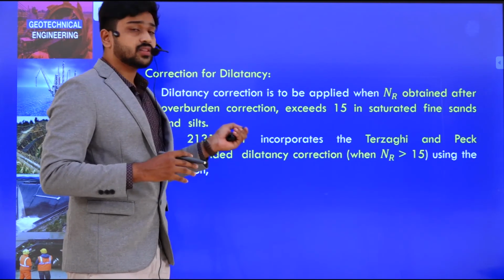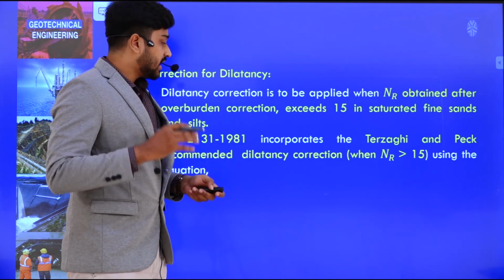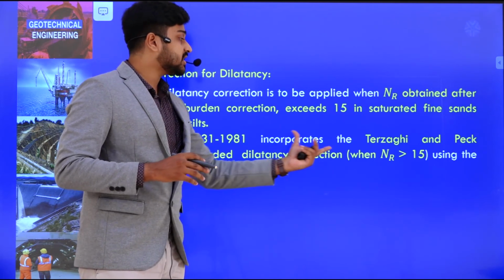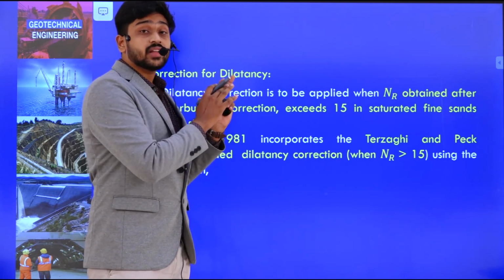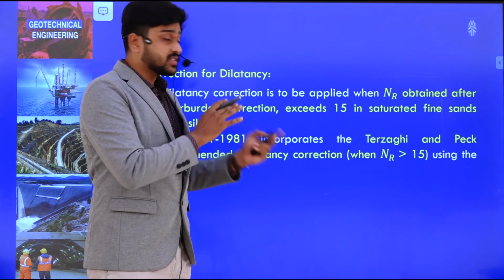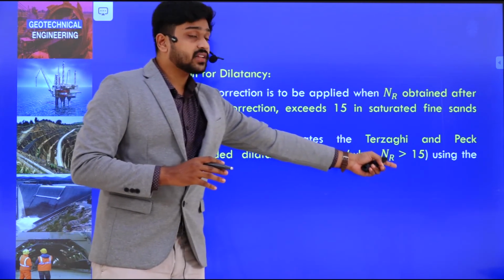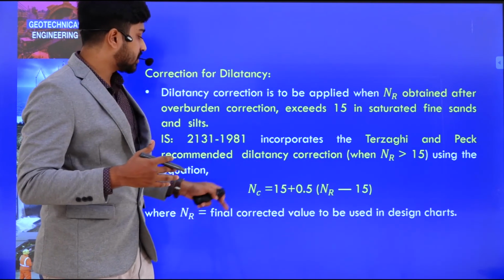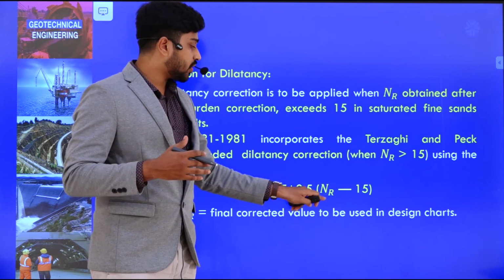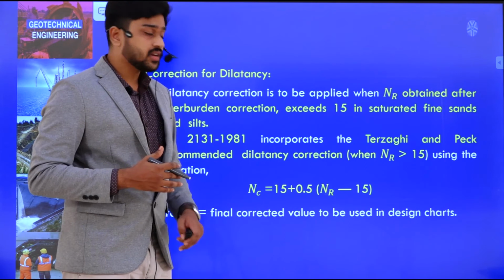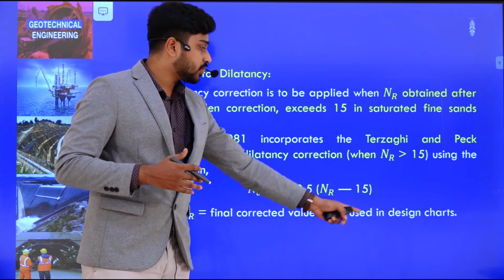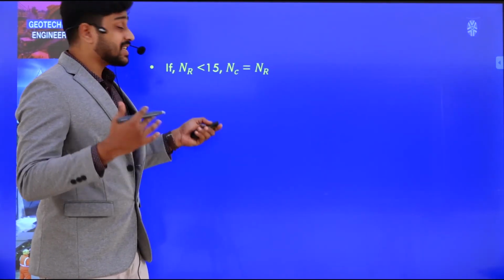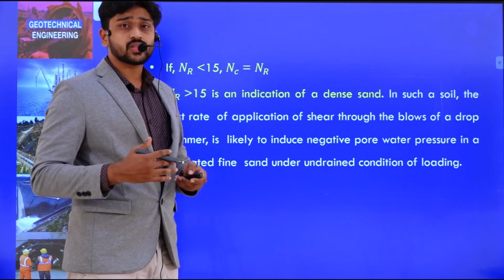In general, IS 2131-1981 incorporates the Terzaghi and Peck recommendation that whenever NR, recorded after overburden pressure correction, is greater than 15, we must apply the dilatancy correction using this expression: NC equals 15 plus 0.5 times (NR minus 15). Clear? Here NC is the final corrected value to be used in the design charts. Clear? Furthermore, if it is less than 15, then you can simply take NC equals NR.